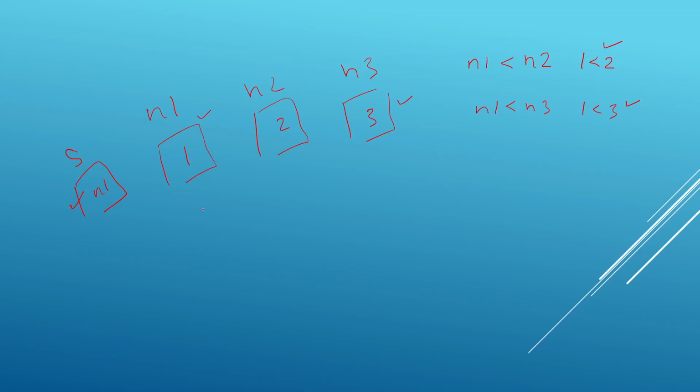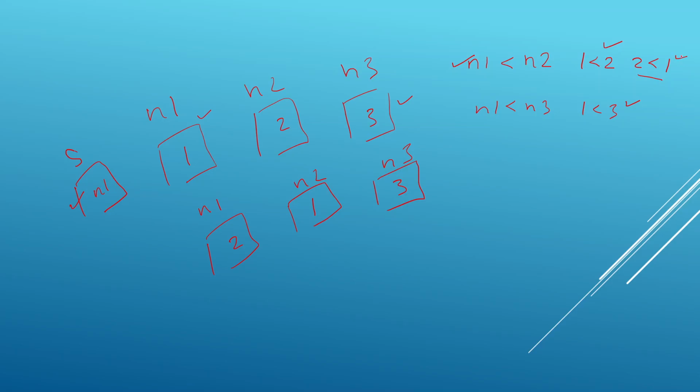However, if we change the numbers, let's say n1 is 2, n2, the second number, is 1, and n3, the third number, is 3. I compare n1 with n2, that would be 2 less than 1, which is false.